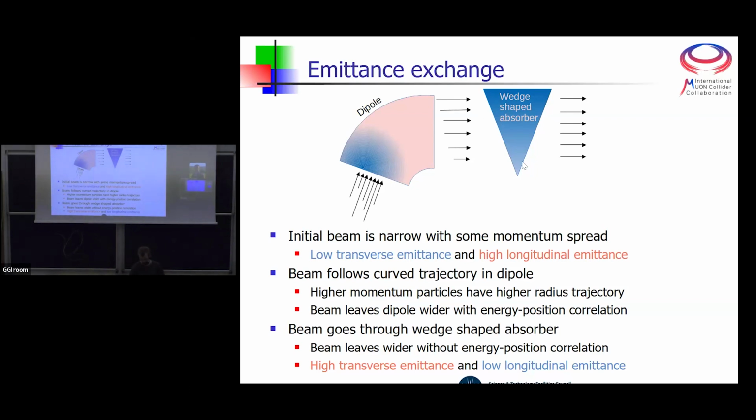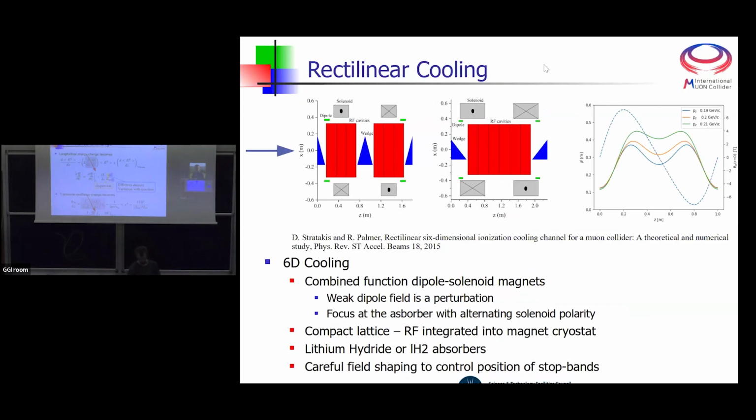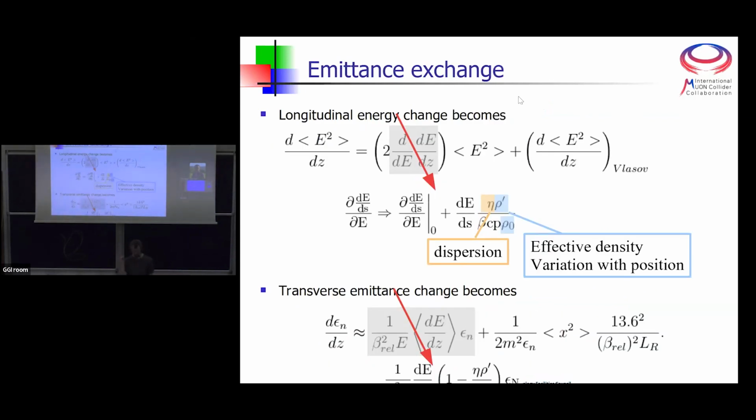And this process on its own does not reduce emittance at all. So in the maths, what we're doing is our energy loss expression becomes dependent on the transverse distribution of the beam. So I'm going to introduce this dispersion factor, which is like the amount of the correlation between transverse momentum and position.